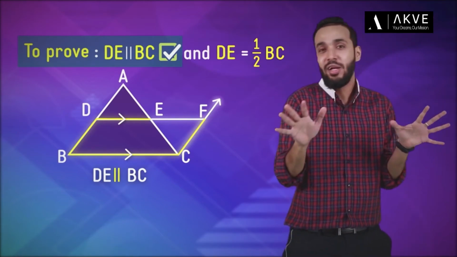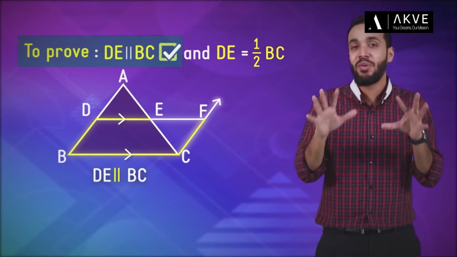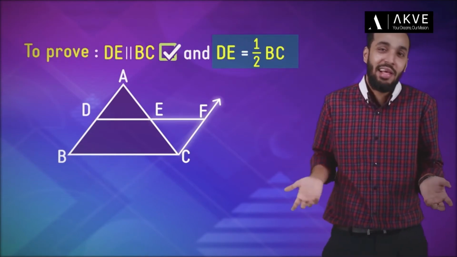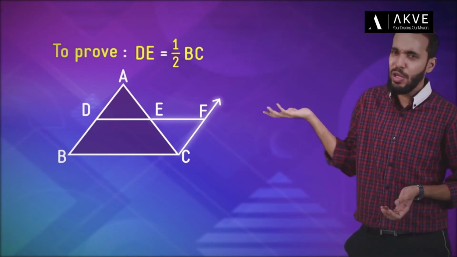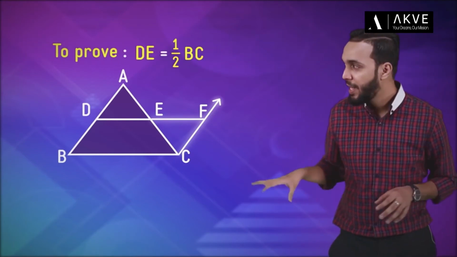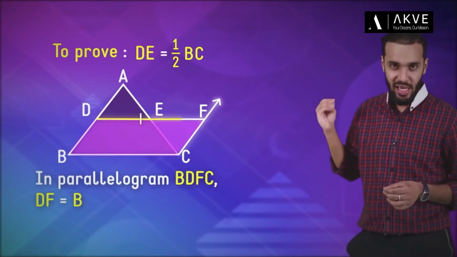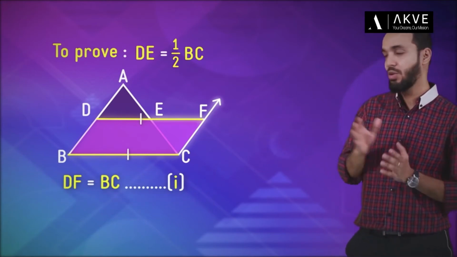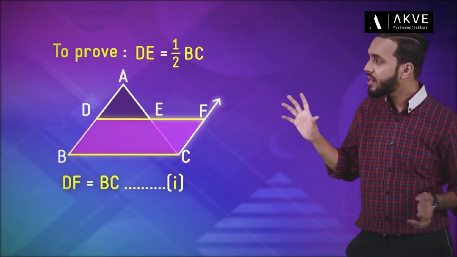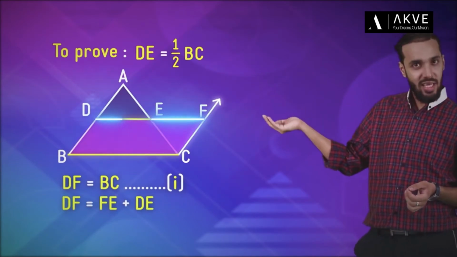Tired? Well, don't worry. I won't take much of your time now because we have already proved the second part of the theorem. Let us see how. We need to show that DE is equal to half BC, right? Now, in parallelogram BDFC, we can see that DF is equal to opposite side BC. Let's name this as equation 1. Now, it's pretty evident that DF is equal to FE plus DE.